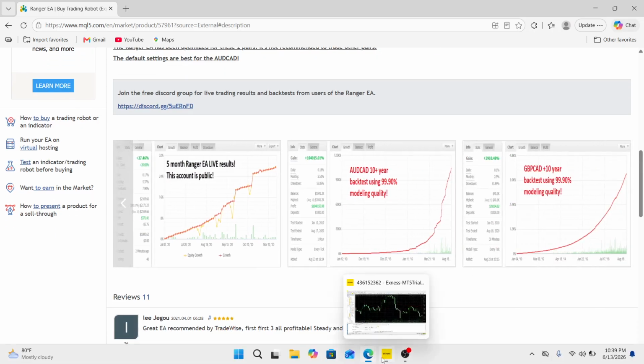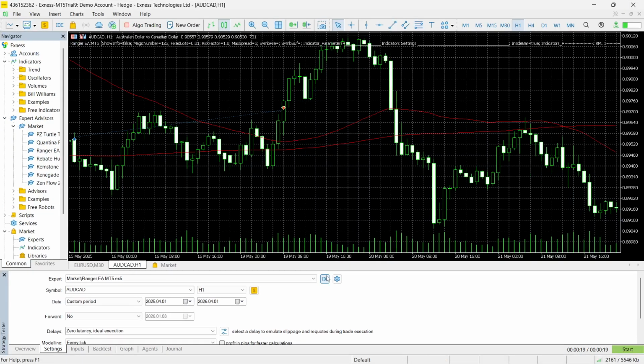All right, so as recommended by the developer, I'm backtesting on the AUDCAD pair using the hourly time frame, and my backtest period is over a year, from the 1st of April 2025 to the 1st of April 2026, on a 10K account.